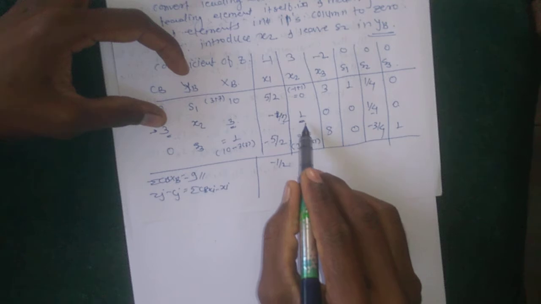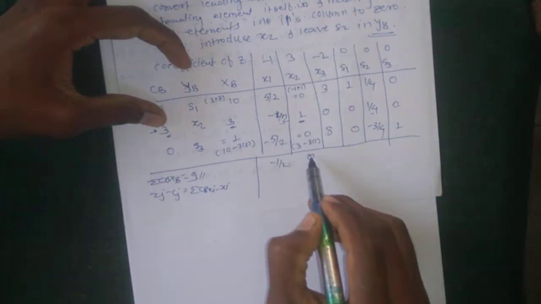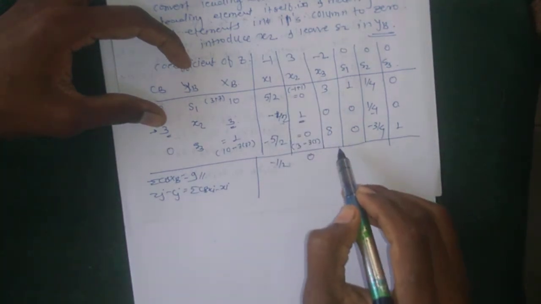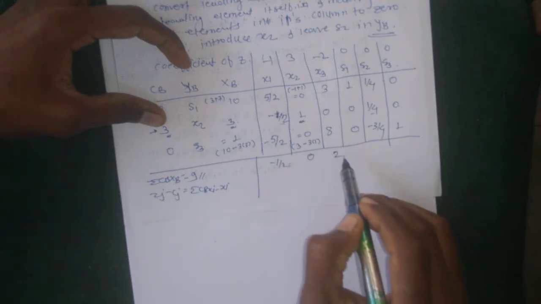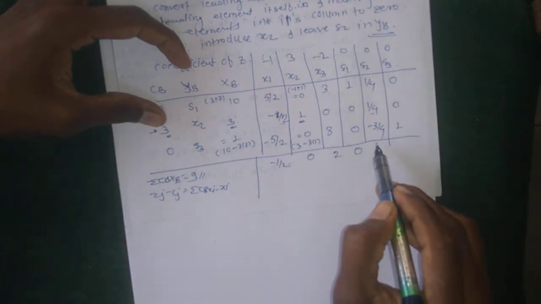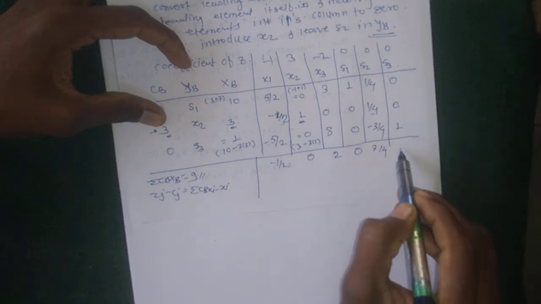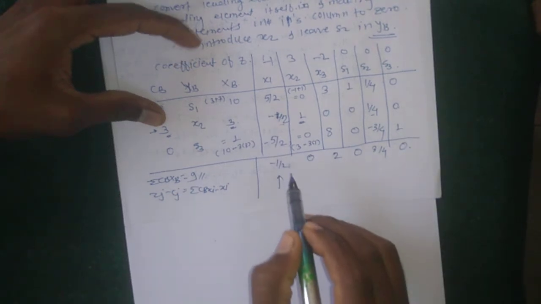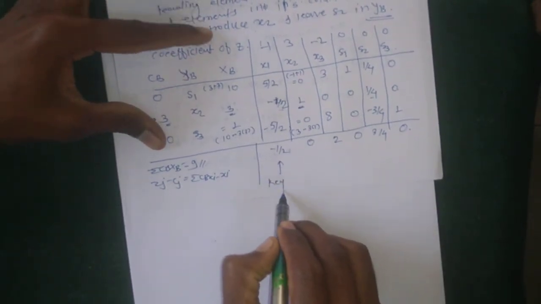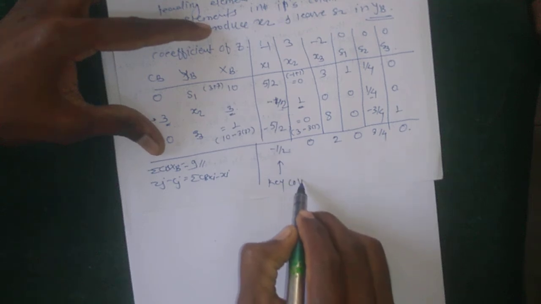Then the second is 3 minus 3, we get 0. Then the third is 0 minus 2, which is plus 2, and the others are 0. Here 3 by 4 and here 0. So this is the most negative. This is our key column.